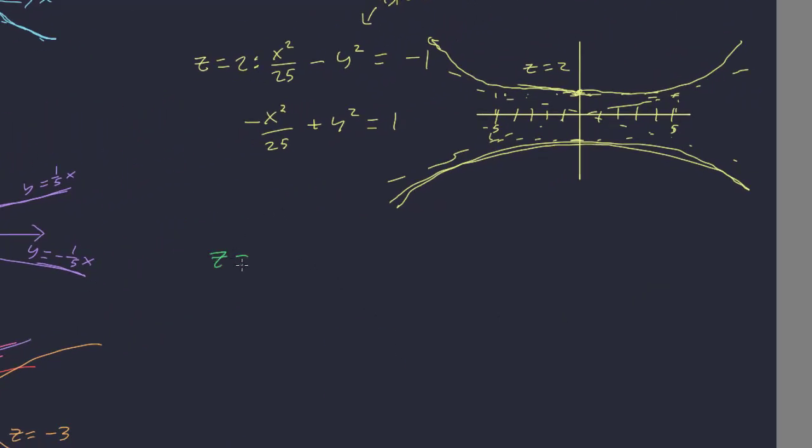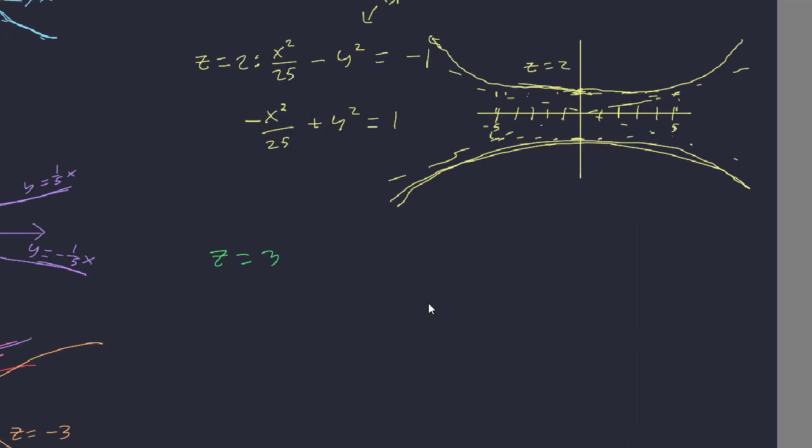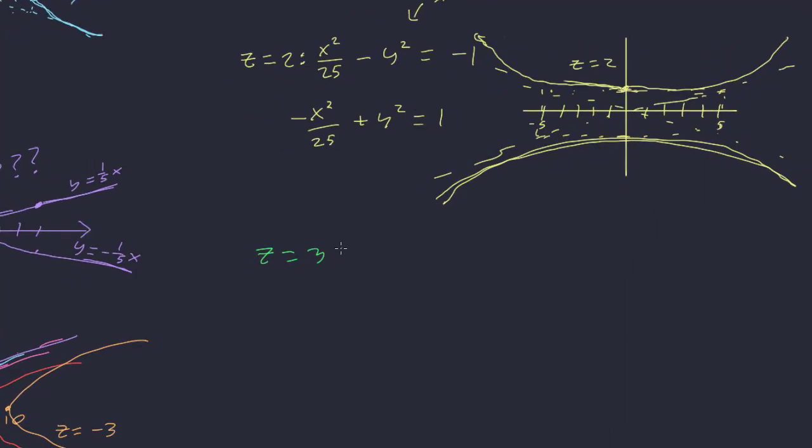And yeah, when z is equal to 3, let me not take us completely off the writing surface, we'll get x squared over 25 minus y squared is equal to -2, which brings us back to x squared over 50 plus y squared over 2 equals 1. However, reversed.